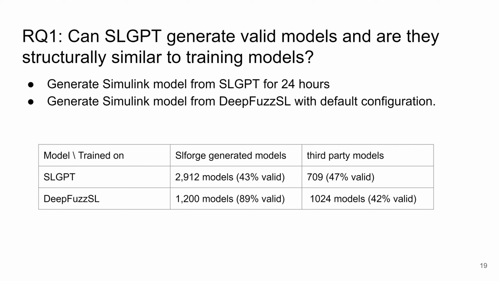The results show that SLGPT consistently produces about 40 to 45% valid models, regardless of the dataset it was trained on, while DeepFuzzSL relies on the homogeneity of the training corpus to generate compilable models.